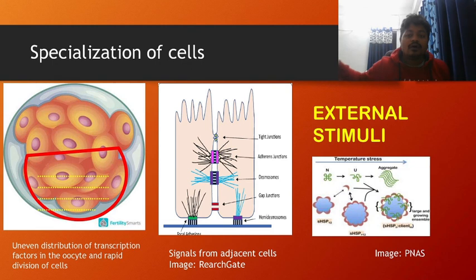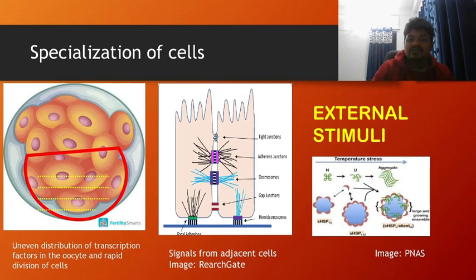One cell, via these junctions, sends a few signals to the adjacent cell, and after getting these signals this cell behaves accordingly.